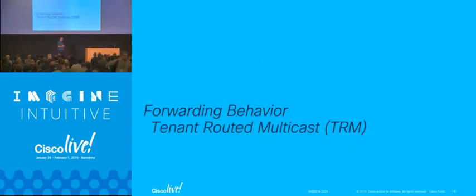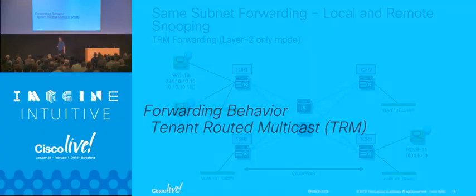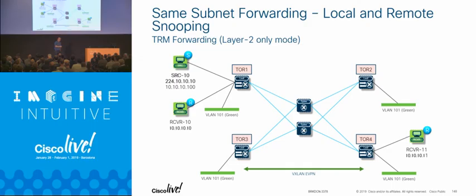I know you guys are probably tired and somebody will kick me out soon, so I'm going to make sure that I'm not rushing, but giving you the gist of it. We always do a local and remote snooping with TRM. So we have kind of an IGMP proxy mode if you want, so not yet MLD, but an IGMP proxy mode, which allows me to more efficiently send traffic and signal this information in the EVPN control plane as, I think that's a type 6, if I'm not completely mistaken, in EVPN.